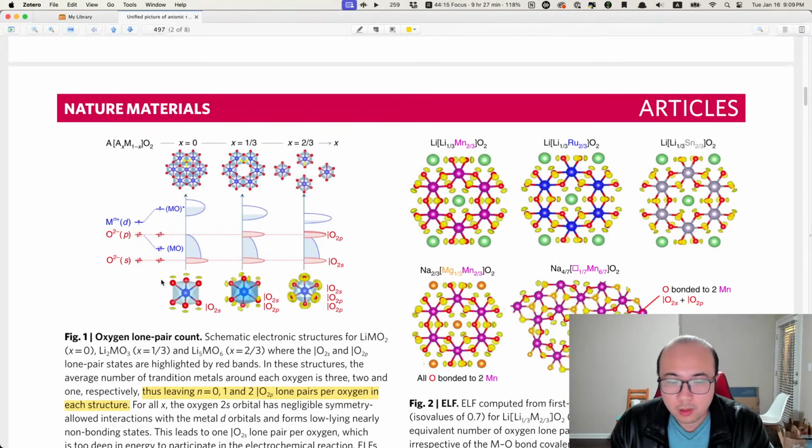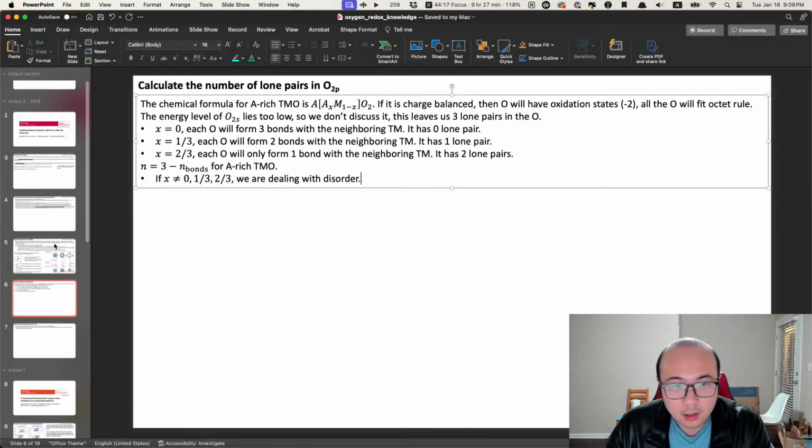We're dealing with disordering here. And so if x is really, really large, then some oxygen will not be bonded.